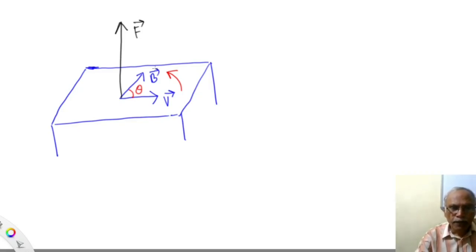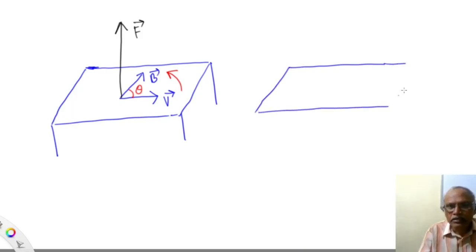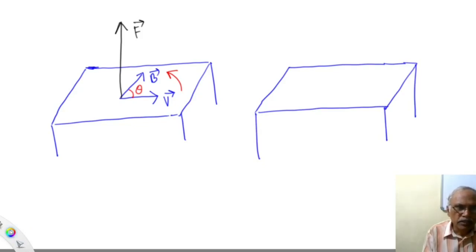Suppose we reverse the direction. On the surface, V bar is along this side, the charged particle moving along this side, and B bar is along this side.